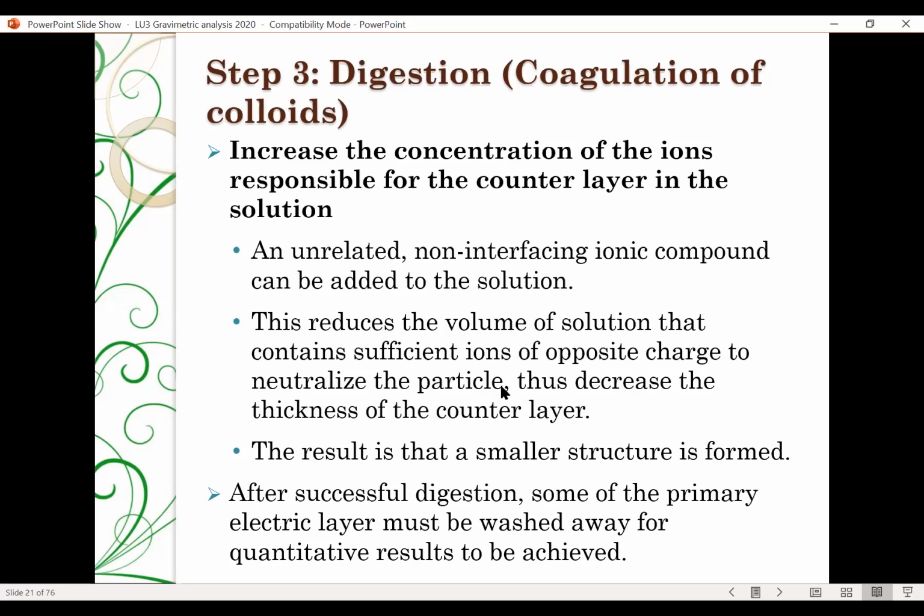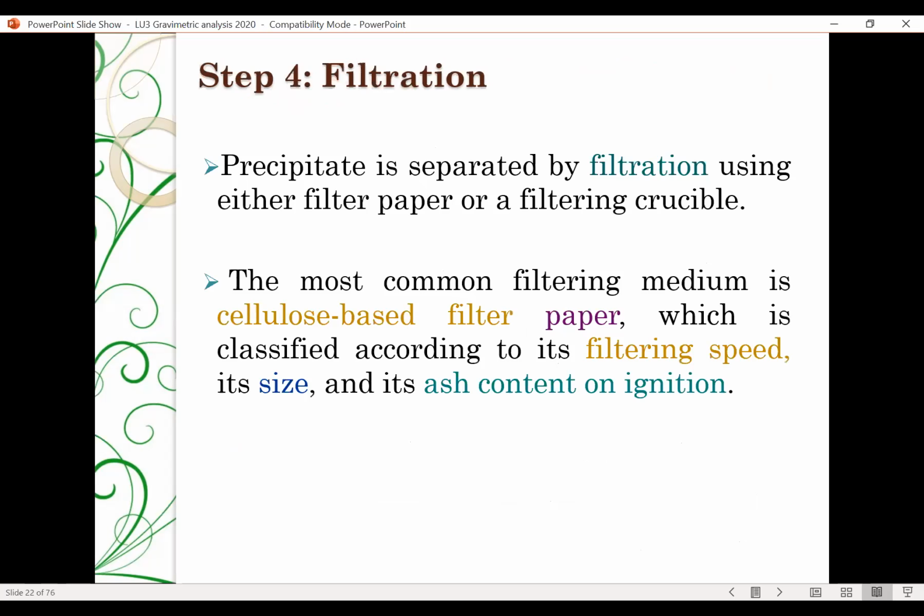When the particles are neutralized, they decrease the thickness of the counter layer. The counter layer is the outer layer of your precipitate. The result is that a smaller structure is formed. So after successful digestion, some of the primary electric layer must be washed away for quantitative results to be achieved.